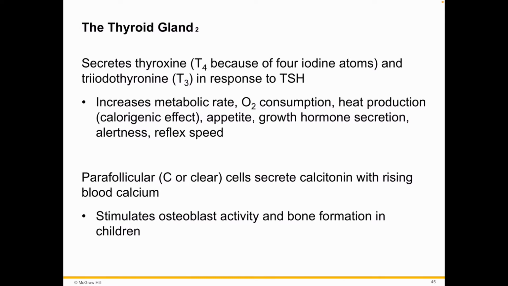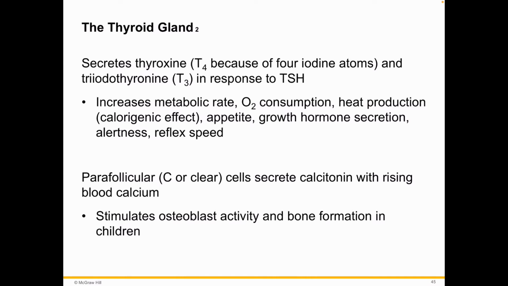Thyroxine is secreted in response to thyroid stimulating hormone, TSH. And that does things like increase the metabolic rate, oxygen consumption for metabolism, body temperature, appetite, growth hormone secretion, alertness, reflex speed, also things like calcium absorption or metabolism, absolutely a whole host of things.